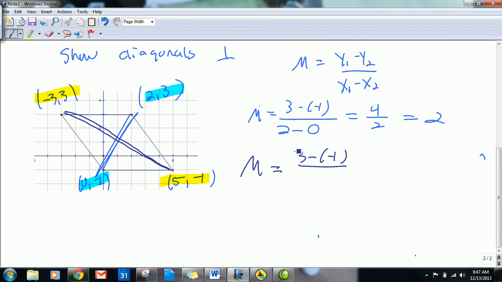And since I started with 3 on top, this 3, I have to start with a negative 3, its partner, on the bottom. So it's 3 minus negative 1, difference in y's, over negative 3 minus 5, difference in x's. 3 minus negative 1 is still 4. Negative 3 minus 5 is negative 8. And that simplifies to be negative 1/2. So I have the slope of negative 1/2, the black diagonal.